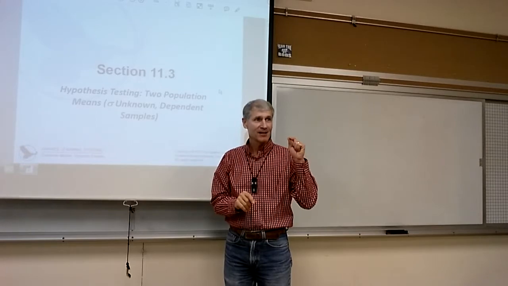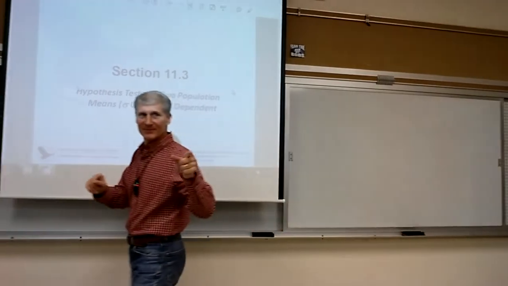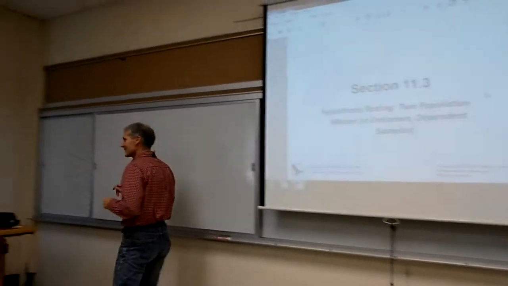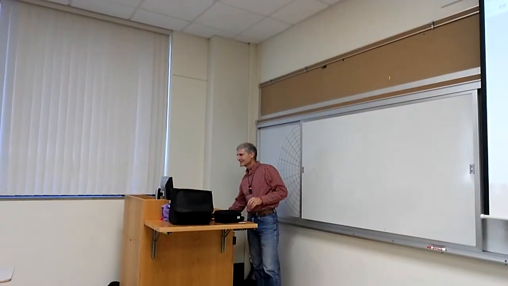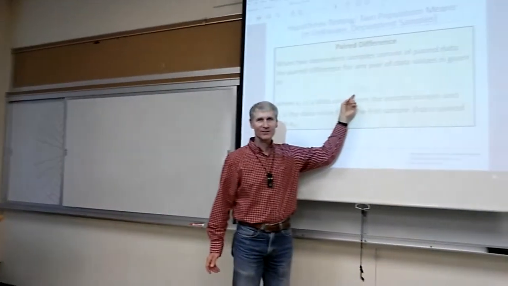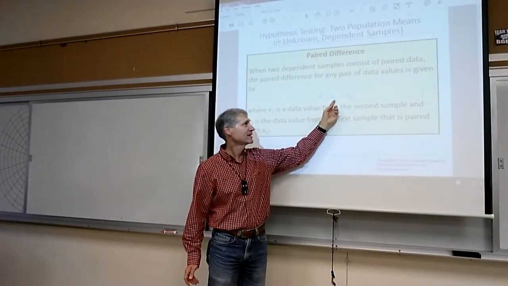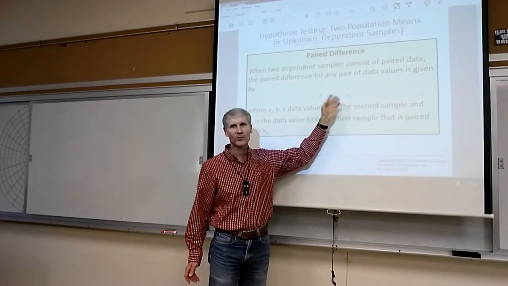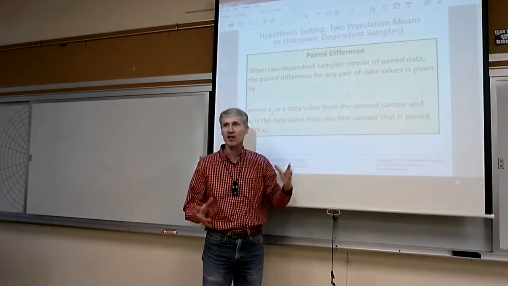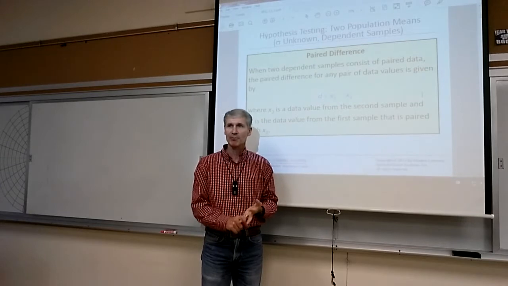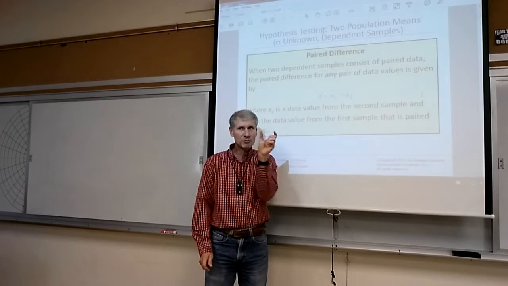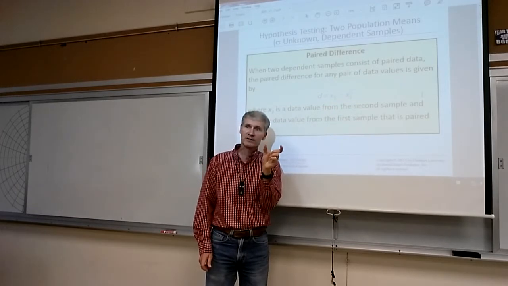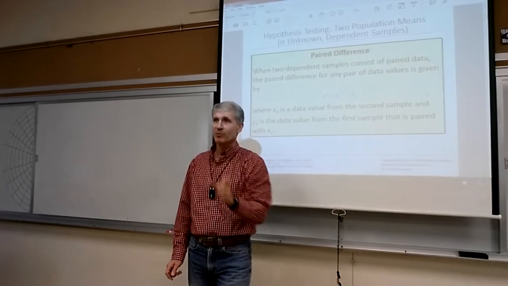You take the... No. This is still T. You take the difference between the after and the before reading, or whatever it is, right? So you got 2 samples, call them sample 1, sample 2. Then within each individual, each pair, you take the difference. And it's the differences that are important.